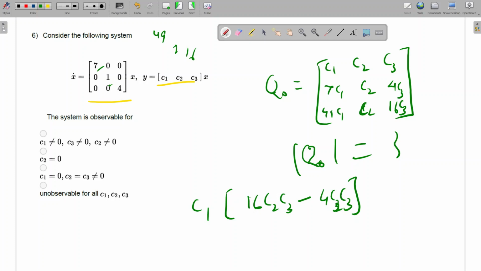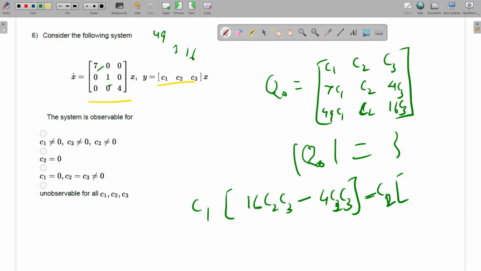And here the second is minus C2, and how much will it be? 16 into 7, so 112, minus 49 into 4.